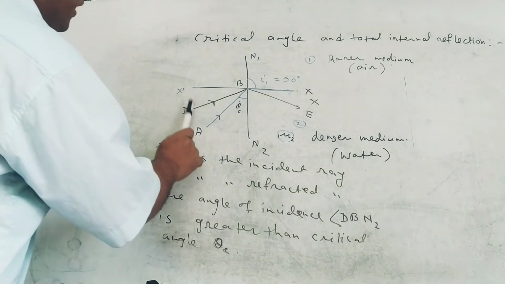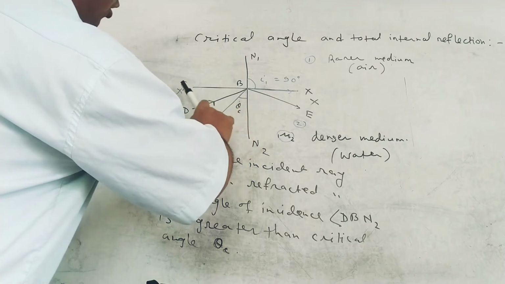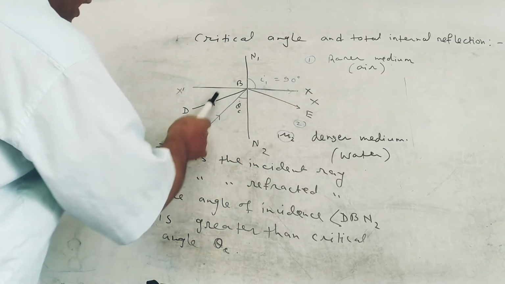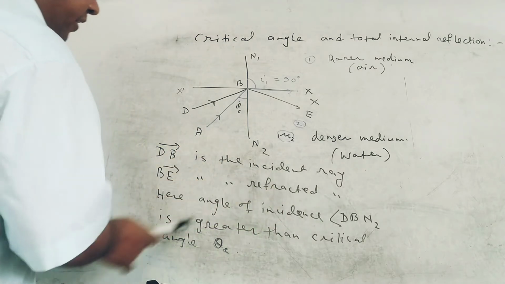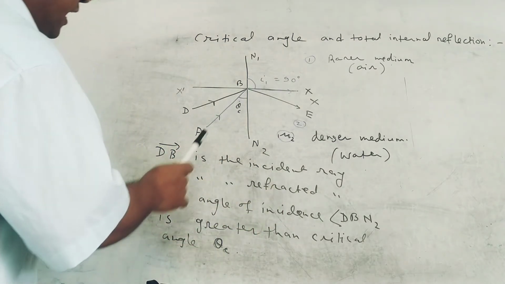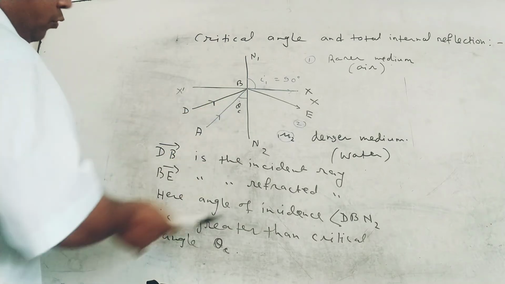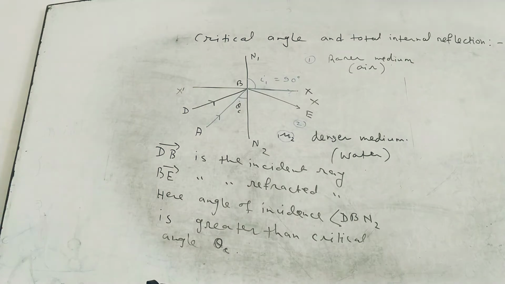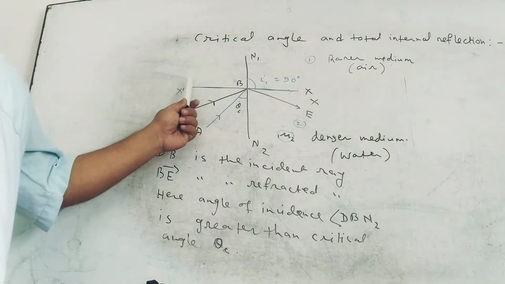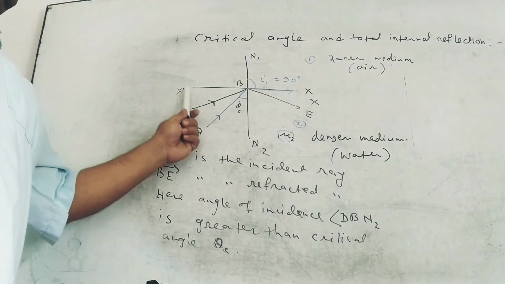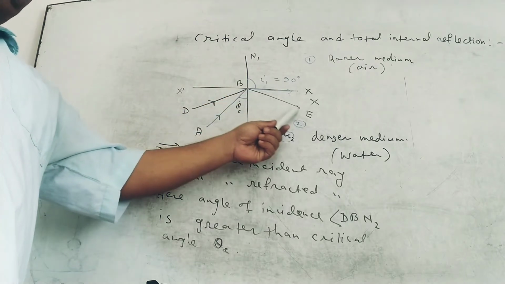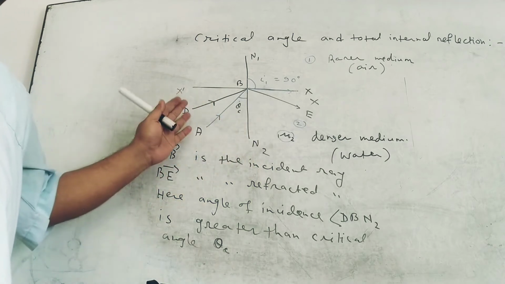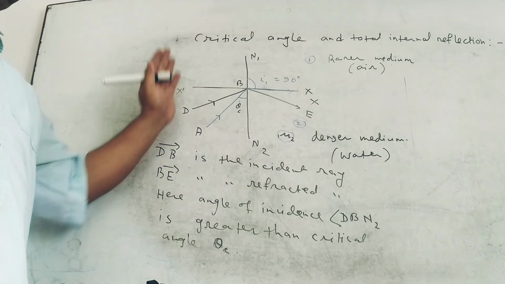When the light ray is incident on the X'X plane and the angle of incidence is greater than the critical angle theta c, then the light ray is reflected by the plane X'X and bounces back to the denser medium, and it cannot reach from denser to rarer medium.